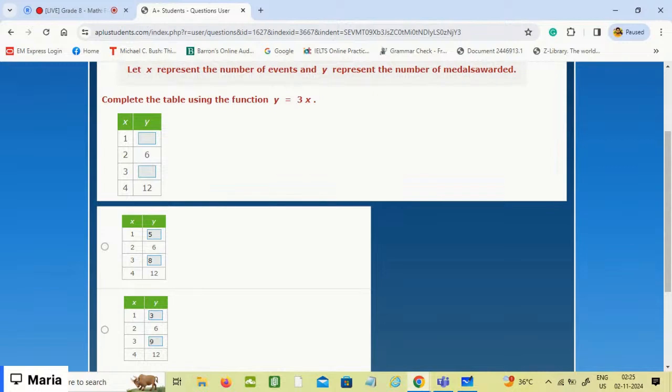Replace X equals 1. So 3 times 1 is 3 and 3 times 3 is 9. So the missing values are 3 and 9. Option number 2 is the correct option.